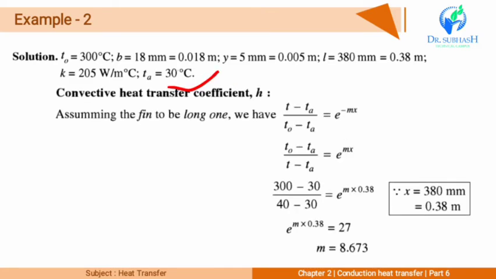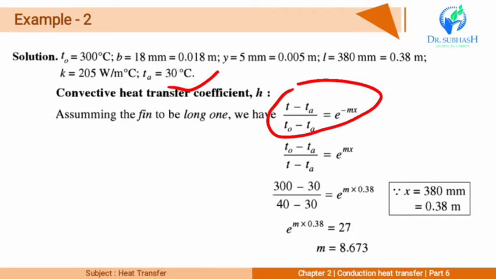Now we have already learned this very important equation. Assuming the fin to be long, the temperature distribution of the fin is (T minus Ta) divided by (T0 minus Ta) is equal to e raised to minus mx.